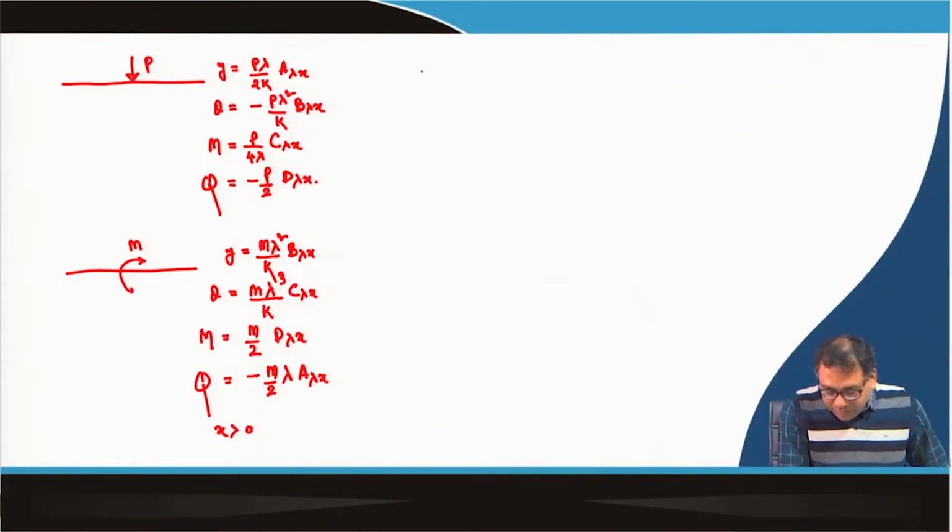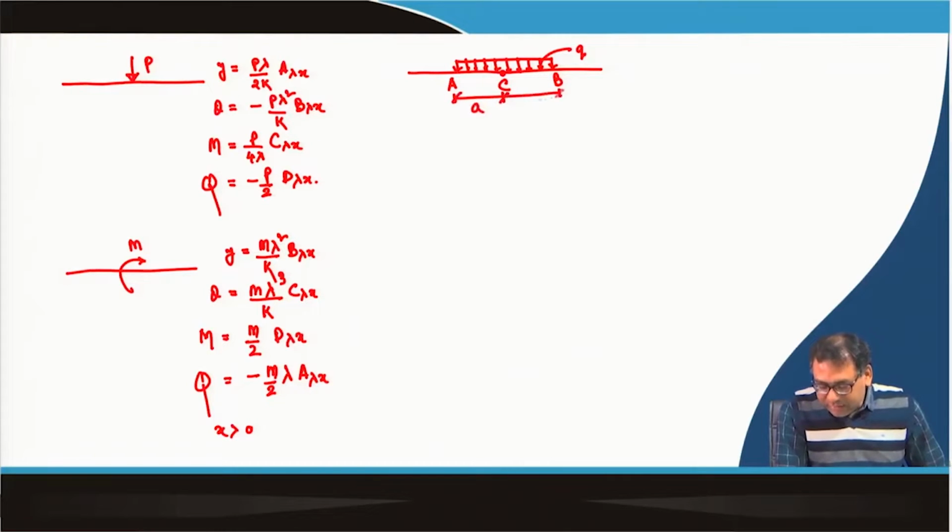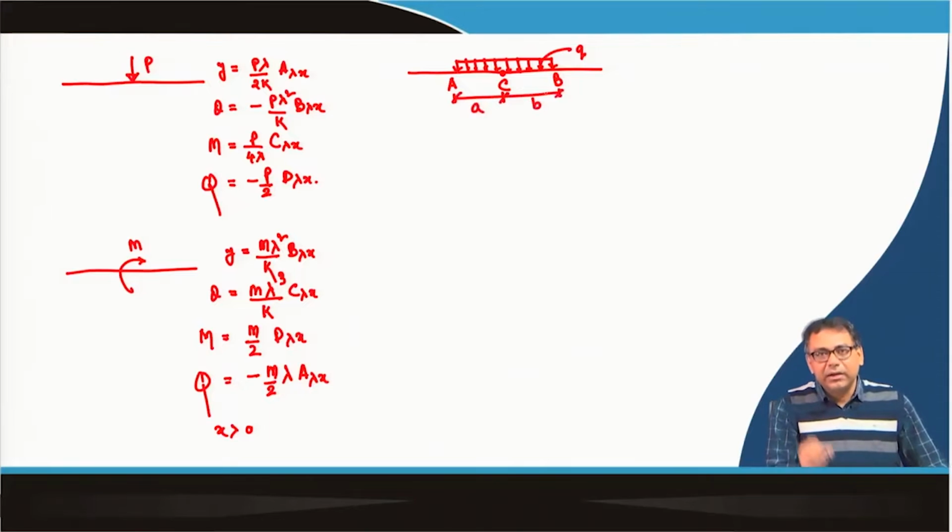Now, for a uniformly distributed load or UDL on an infinite beam, this is the UDL whose intensity is q, one end is A, another end is B, and I want to determine all these quantities at a point inside the UDL.